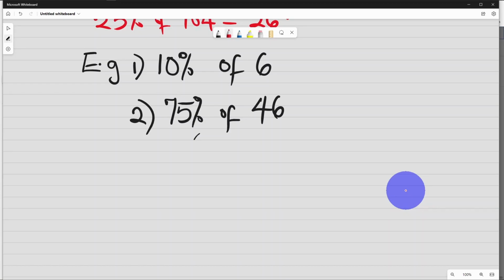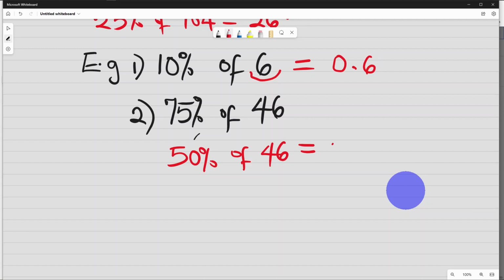The first one, 10% of 6, we move the decimal point this way, so this will give us 0.6. Then 75% of 46: first we find 50% of 46, which gives us 23. Then let's find 25% of 46.